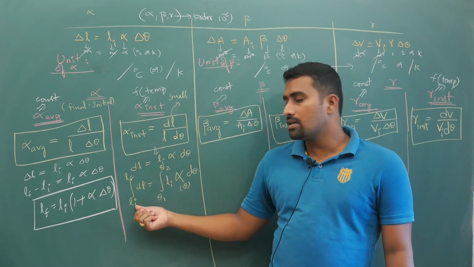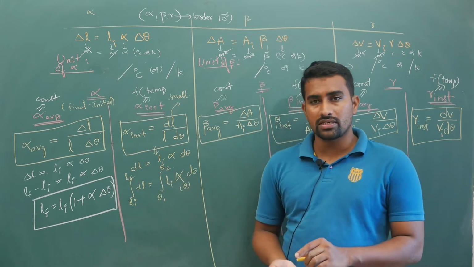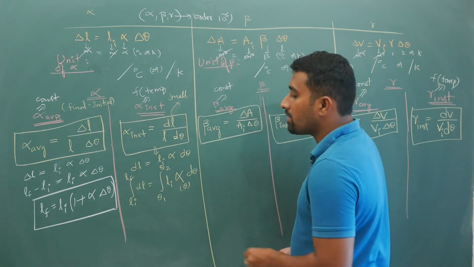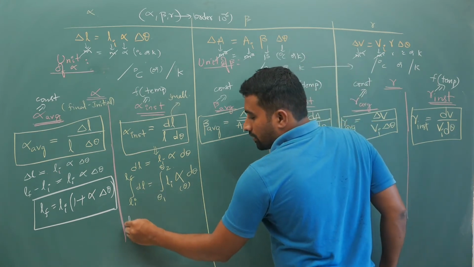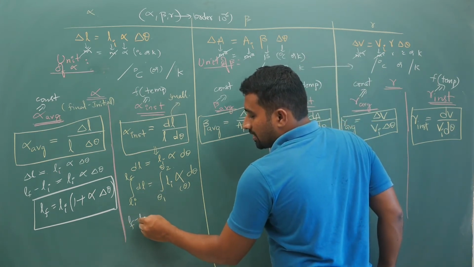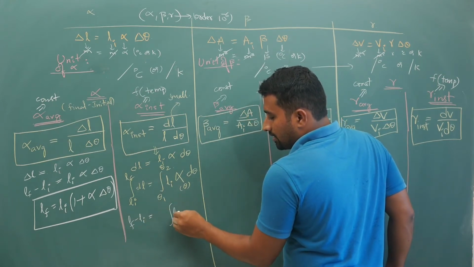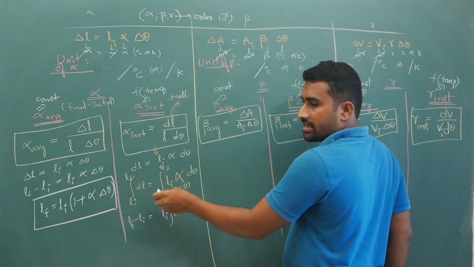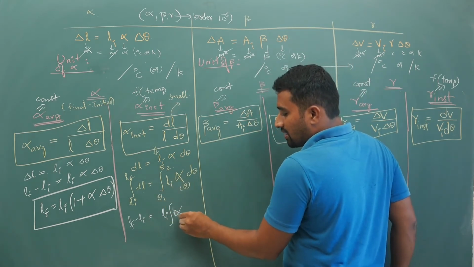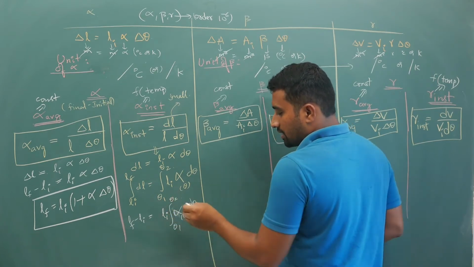So integral of dL is from initial length to final length, from initial temperature theta 1 to theta 2. Now observe carefully, what is integral of dL? It is L. So you are going to get L final minus L initial is integral of L initial, which you can take out of the integral as it is constant, alpha as a function of temperature into d theta from theta 1 to theta 2.